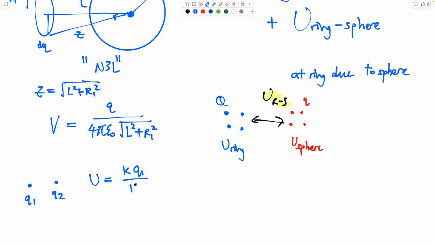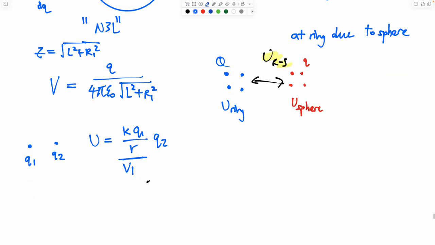Recall that K Q1 over R is the electric potential, and you multiply by Q2. So this is potential due to 1 multiplied by Q2, or you can write it as potential due to 2 multiplied by Q1. Wait, this is not a fraction.